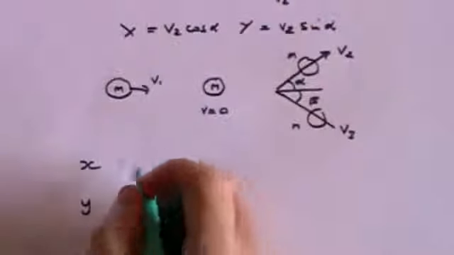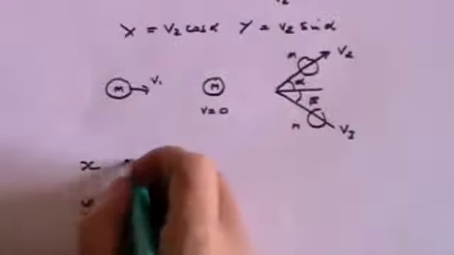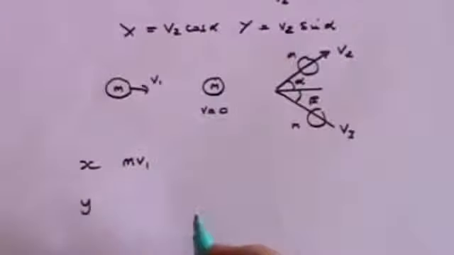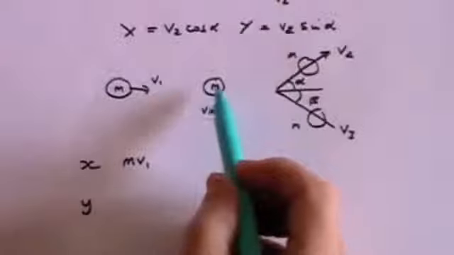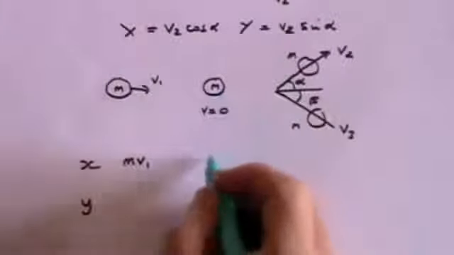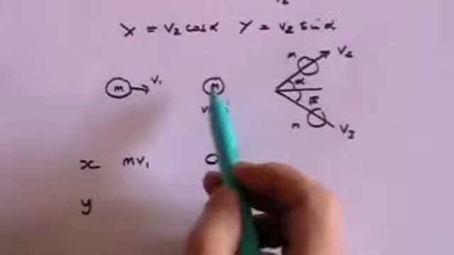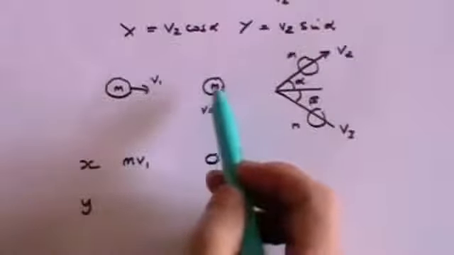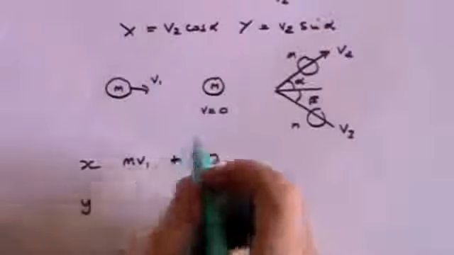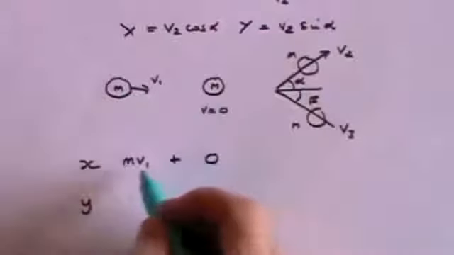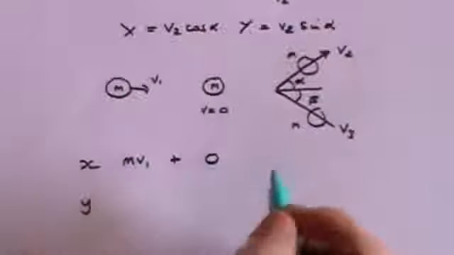So the total momentum of this will simply be mv1. The momentum along the x direction here is 0. Indeed, the momentum along any direction is 0 because it has no velocity. So the total momentum before the collision is mv1 plus 0.